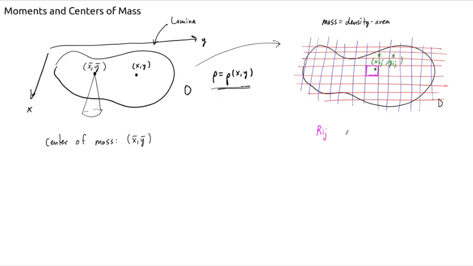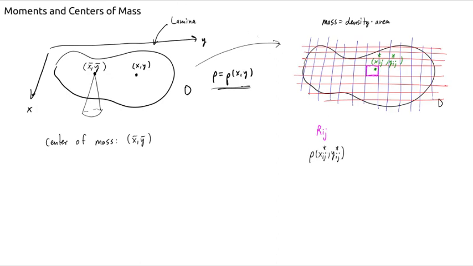Again, you can probably see where this is going. We're going to eventually take a limit, and it's not going to matter which point we choose. But if we choose this point, then we can compute the density at this point, rho of xij star, yij star. We're going to use this as a constant density on the entire rectangle. We just pick one test point.